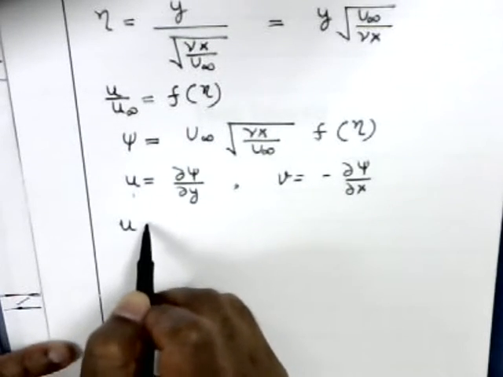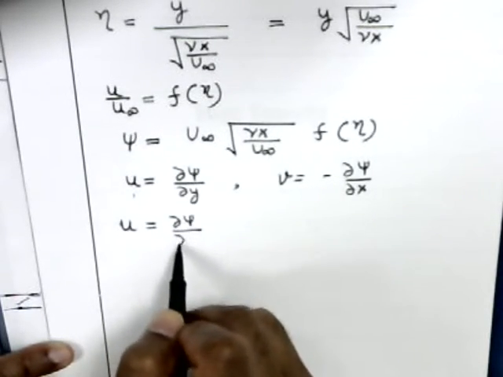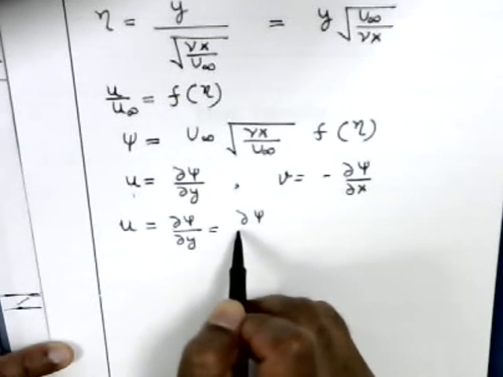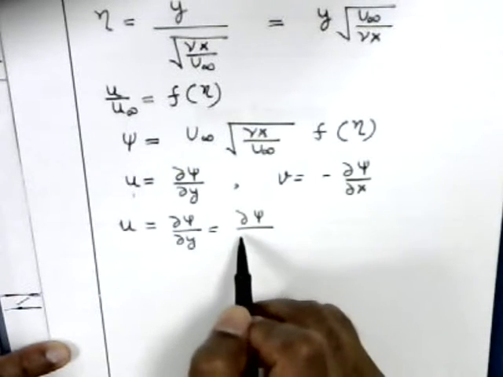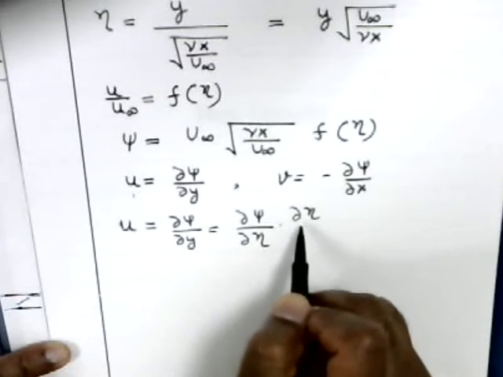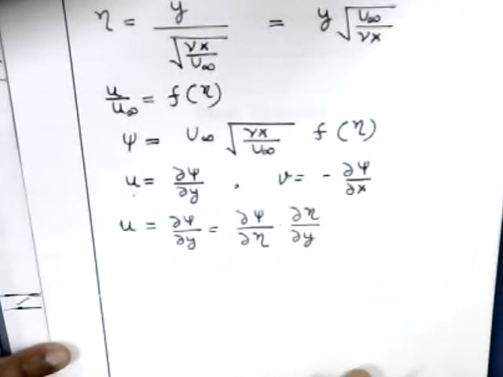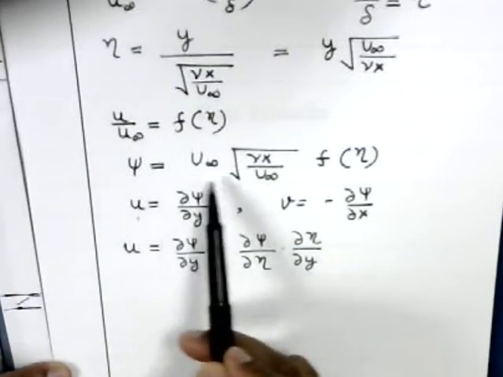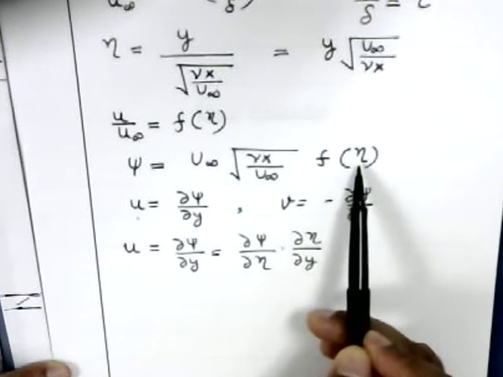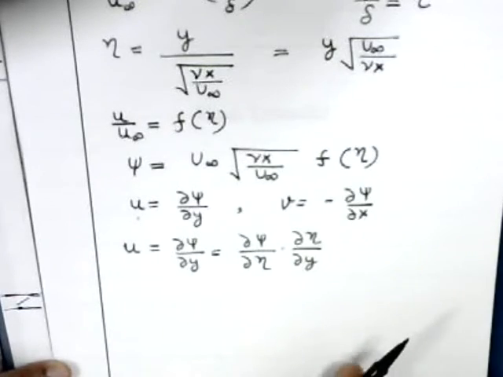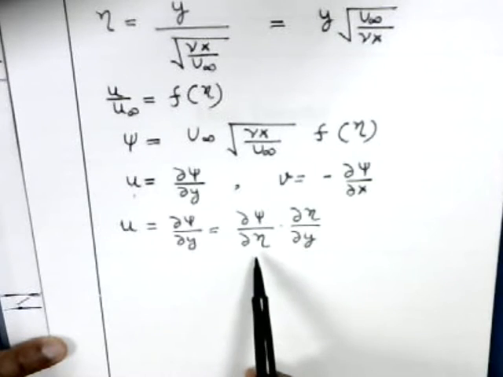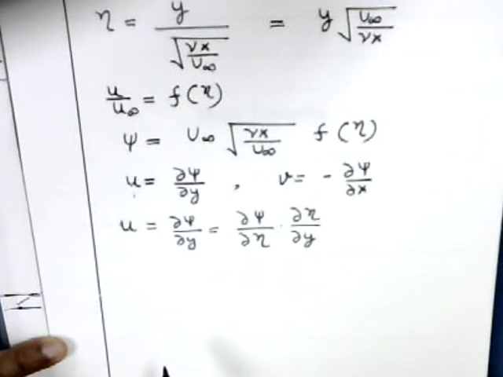I'm just going to give some idea here. For example, this u, that is del psi del y, we can write this as del psi del eta times del eta del y. Because you see psi is not a function of y explicitly. You don't have any y here. You have eta, but eta is a function of y. So we are applying the chain rule. So u is del psi by del y, which is del psi by del eta times del eta by del y.